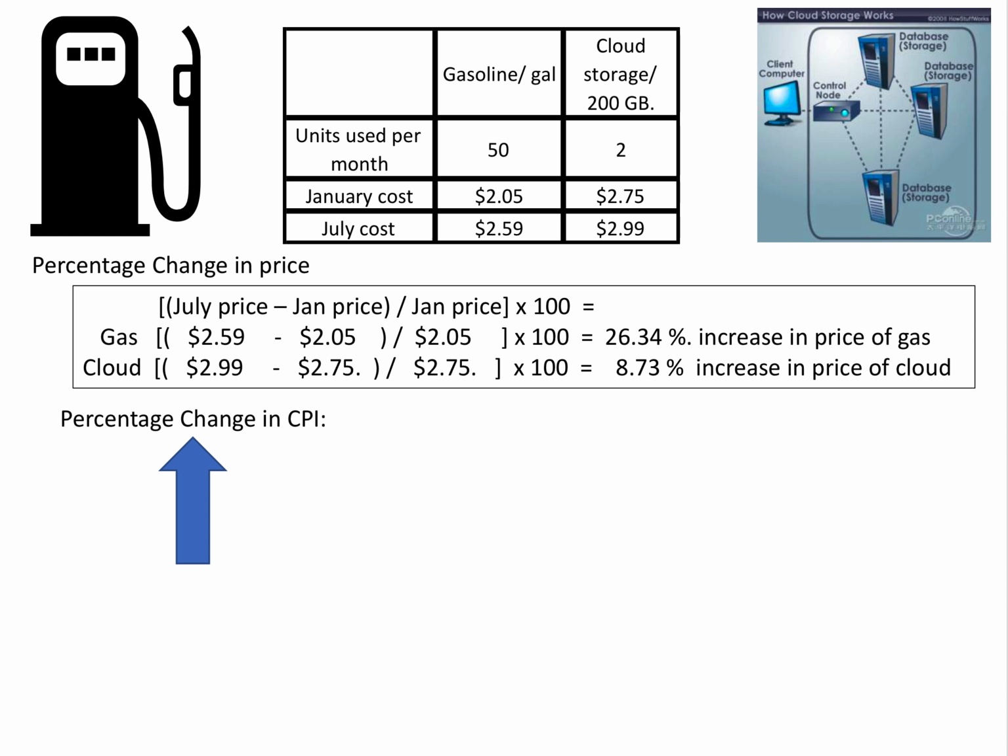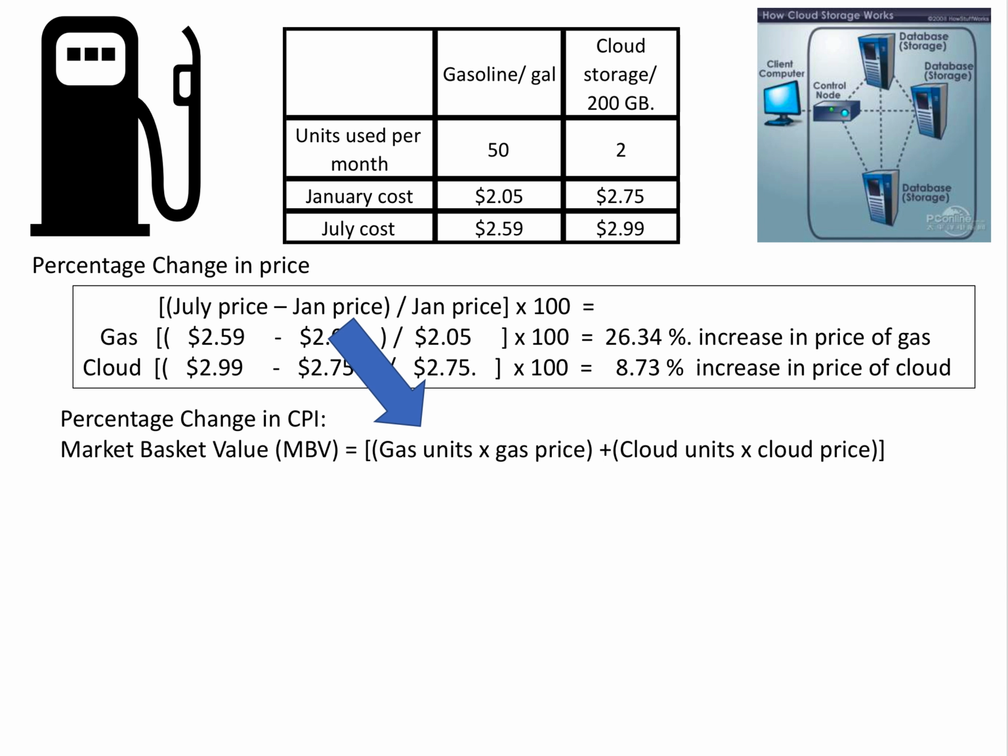The next thing we have to do is figure out, now that we have some prices and percent changes, what is going to be the change in our CPI, our Consumer Price Index. And we're assuming this is the basket of goods. Well, the first question is, what is the market value of our basket of goods?